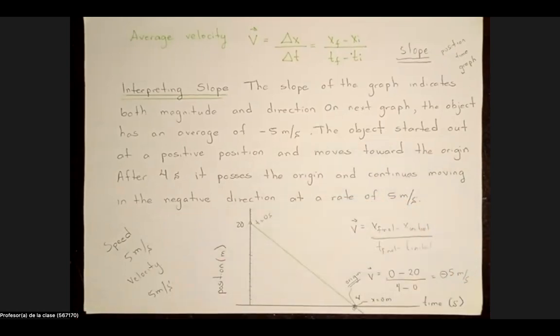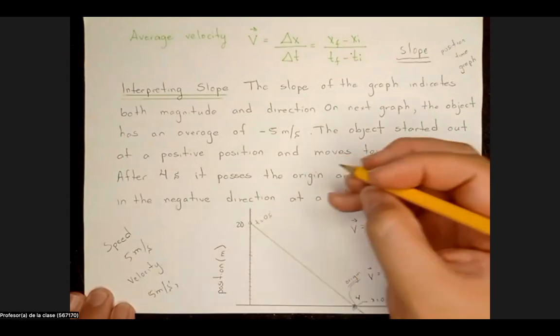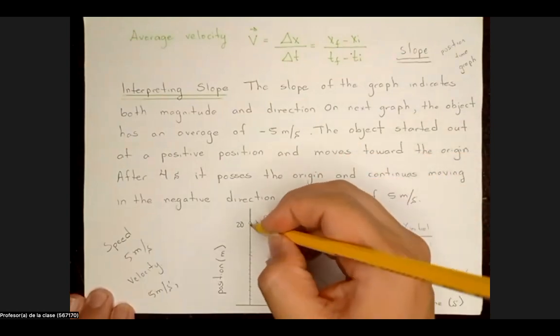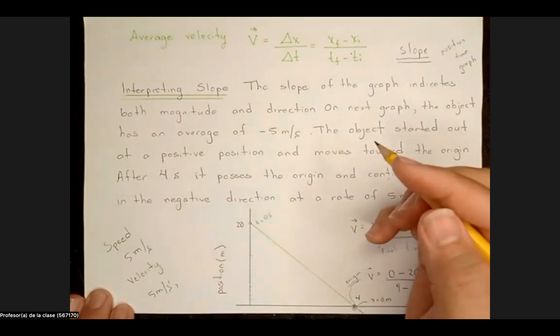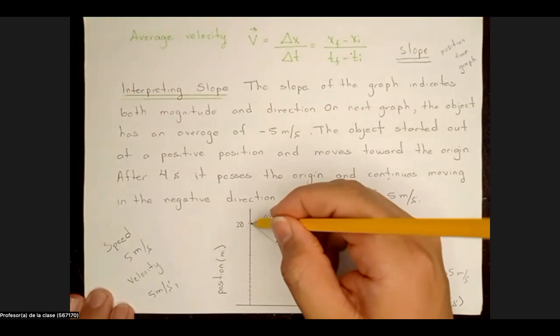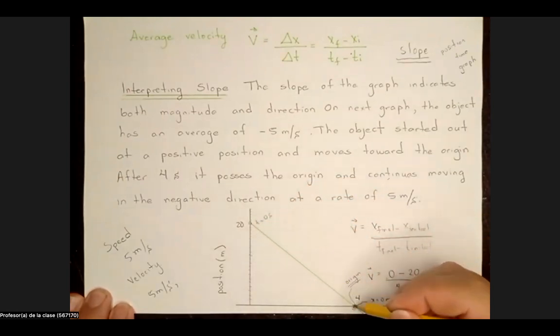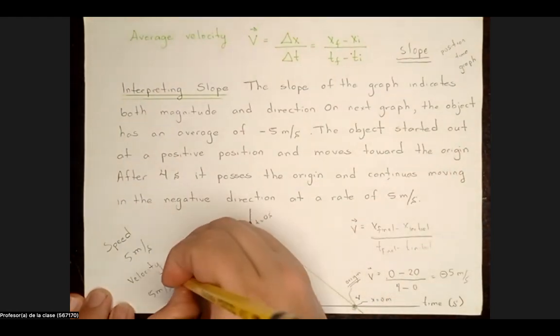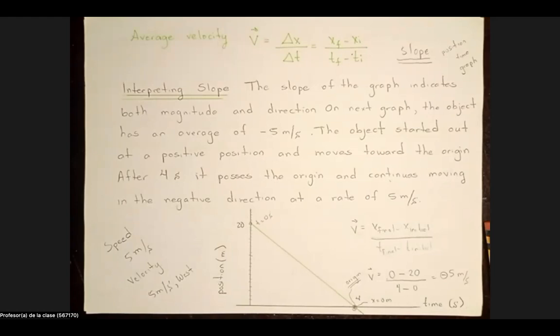Okay, so I will have to put on here some direction. So I don't know, for example, at the beginning, this point over here, 20, was 20 meters to the east, and the object started moving to the west and arrived to the origin. So the velocity will be 5 meters per second to the west because the initial position was on the east.